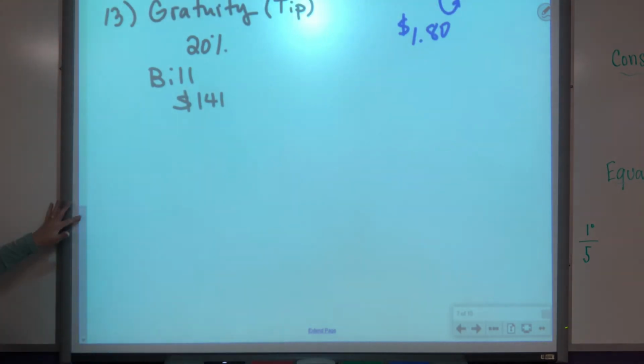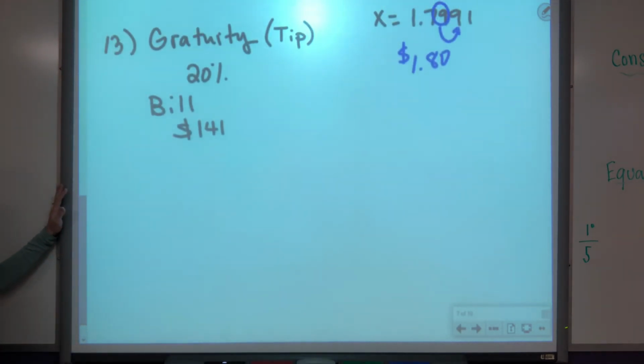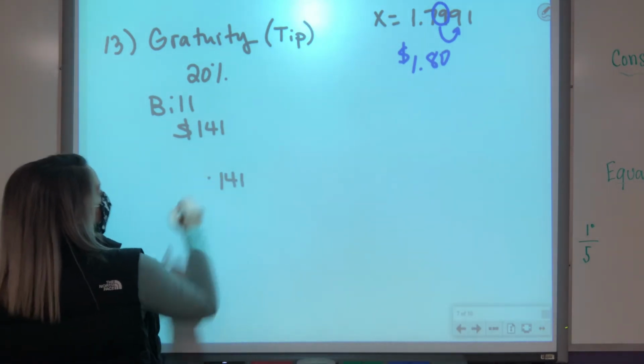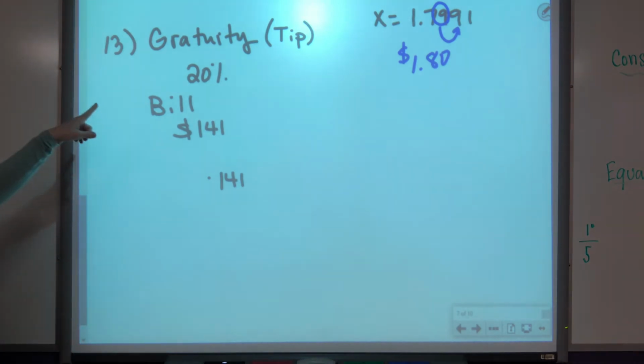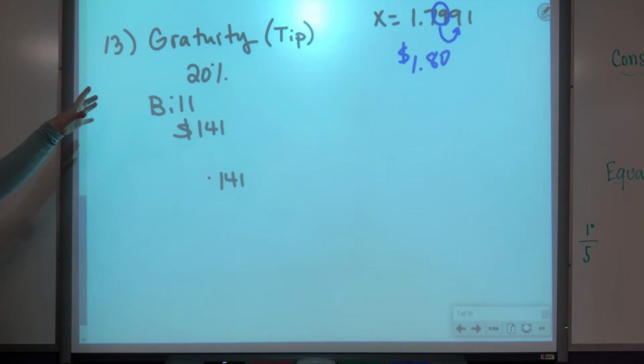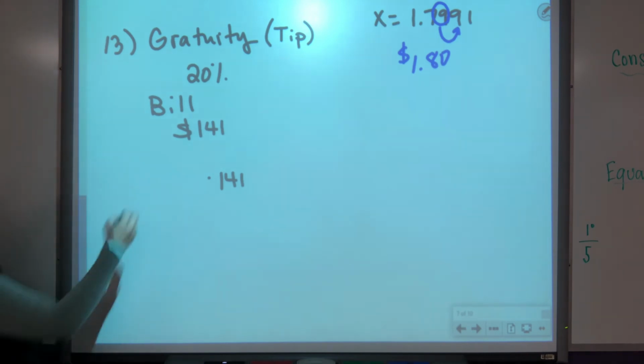Okay. What does 141 represent in our percent equation? The total. What's another word for total? Whole. Very good. Our gratuity, 20%. Can I multiply 20% times 141? No. So what do I have to turn 20% into? 0.20.